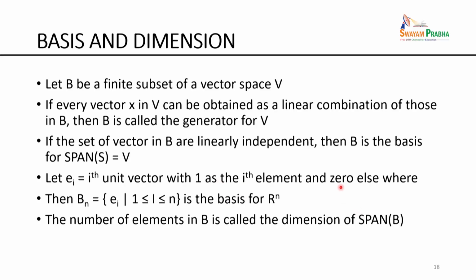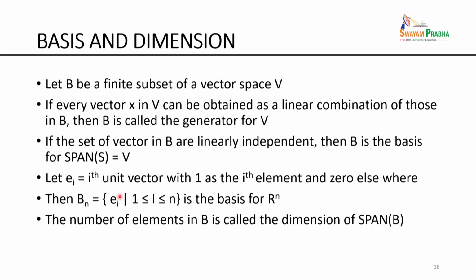The ith unit vector with 1 at the ith element and 0 elsewhere is a standard basis for Euclidean geometry. So B_n is the set of all e_i, with i running from 1 to n, and is the basis for R^n. The number of elements in B is called the dimension of the space. So what is the dimension of R2?